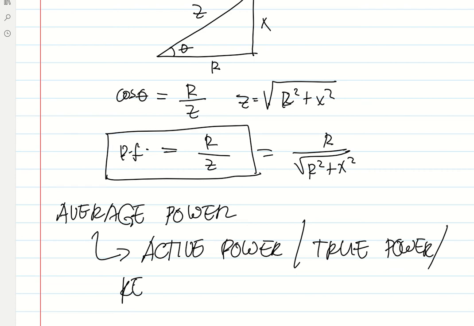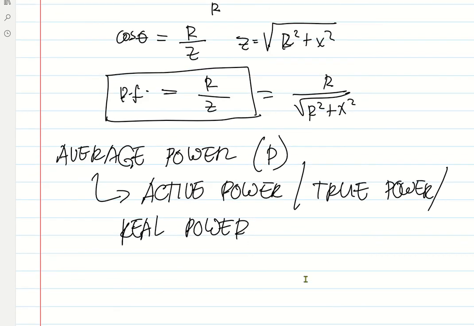We use capital P for the notation for the real power, and the unit for the real power is watts.